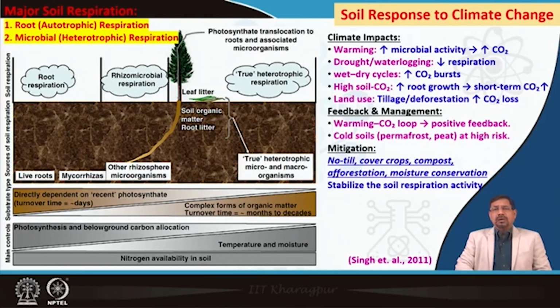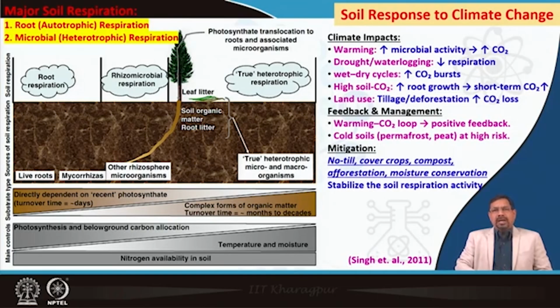Waterlogging and drought scenarios will lead to a relative decrease in respiration. Wet and dry cycles will lead to CO2 emission bursts, and high soil carbon dioxide will lead to more root growth in the short term. And land use, in terms of tillage and deforestation, will lead to CO2 loss.